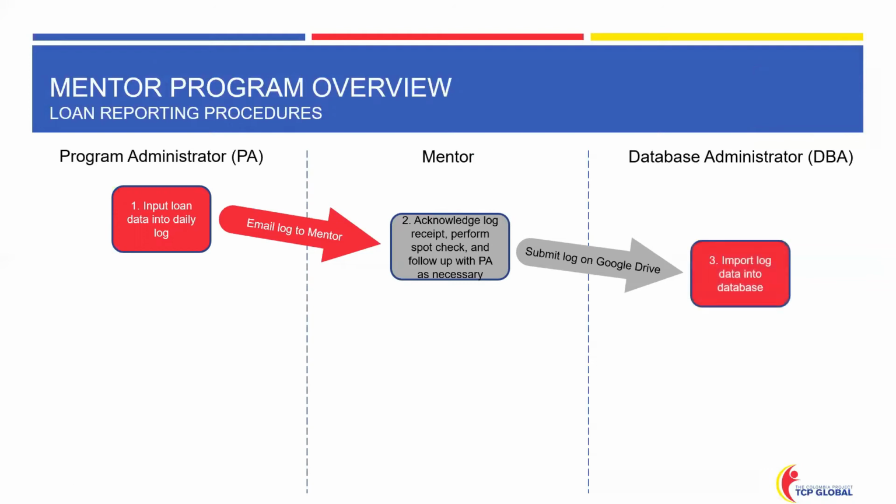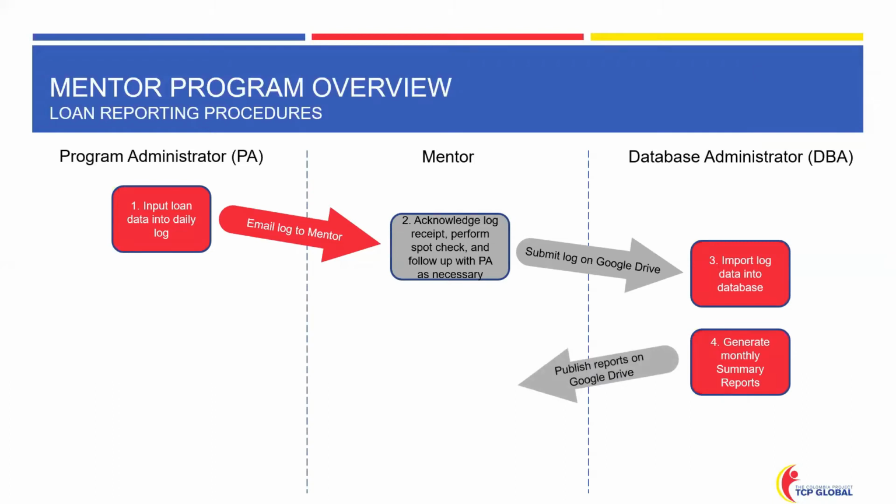Kurt will import the data into the database, export the monthly summary reports, and then publish those reports on the Google Drive, which the mentor will then quickly review to make sure that everything is looking good. And that's sort of the process.